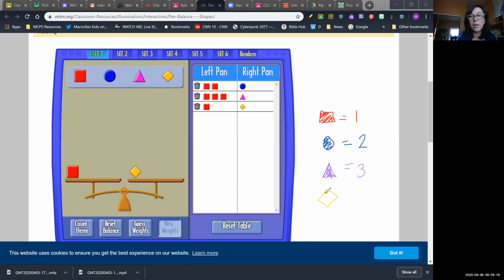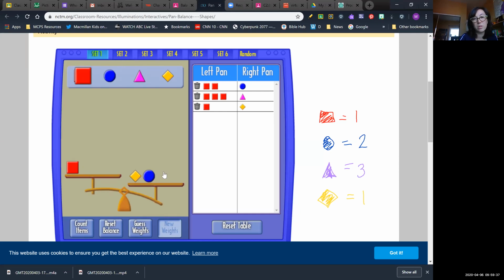All right, we could also make some pretty interesting combinations because 1 plus 2 is 3. So I could say that a diamond plus a circle plus a square is equal to a square plus a triangle. Should be anyway.